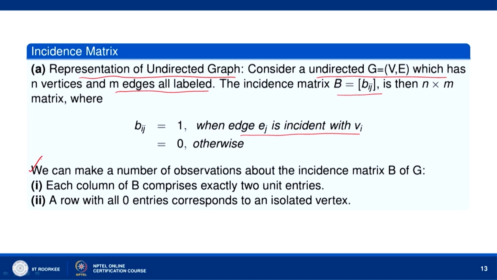Let us make a number of observations about the incidence matrix B of G. A row with all 0 entries corresponds to an isolated vertex. If there is an isolated vertex, then no edge is incident on it. So, corresponding to that isolated vertex, the row will have all 0 entries.